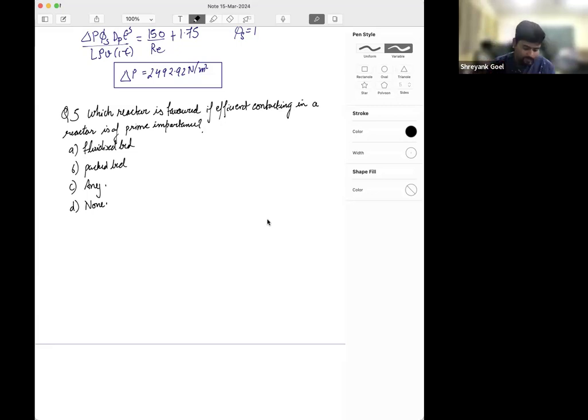That's correct. So the correct reason is this: interfacial contact area is high.